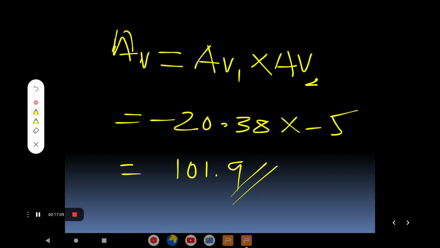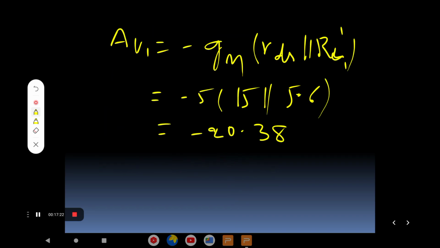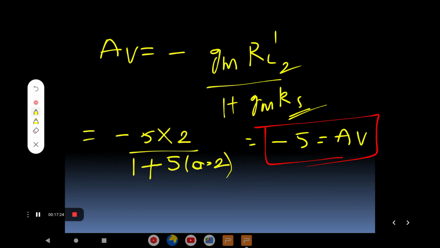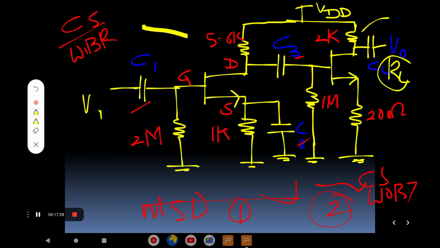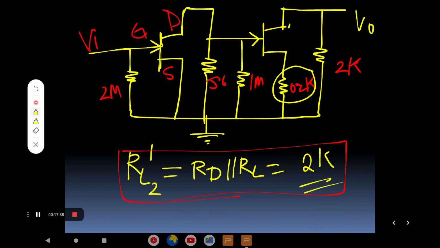In case the problem is given for a multi-stage amplifier, suppose you want to find the voltage gain and so on. First of all, you have to identify the type of transistor. That is very important, because based on the type of transistor there is a formula variation. The first stage is the common source amplifier with bypass capacitor. The second one is without bypass capacitor, so there is a small variation in the formula.